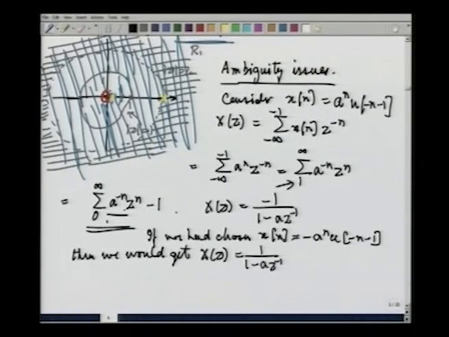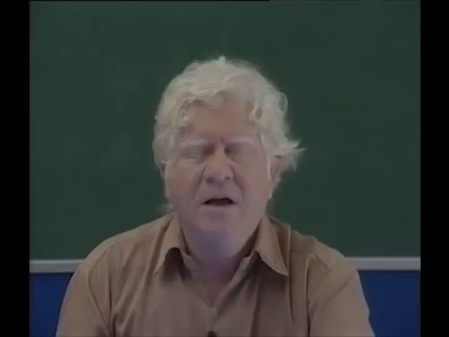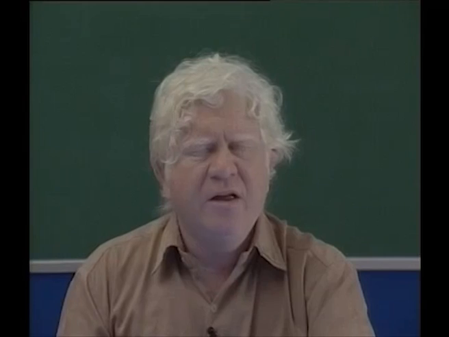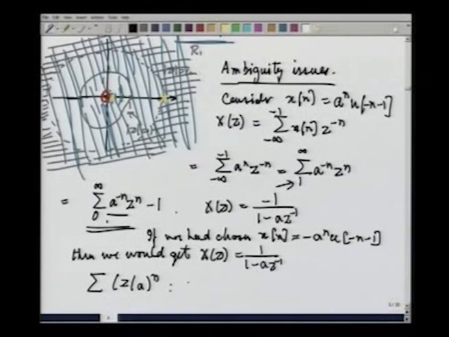What we are essentially summing is summation z by a to the power n. Now, when will z by a to the power n converge for positive n? Because we have now changed variables over here and it is positive n. It will converge only where mod z is less than mod a. That is to say, the region of convergence is mod z less than mod a.